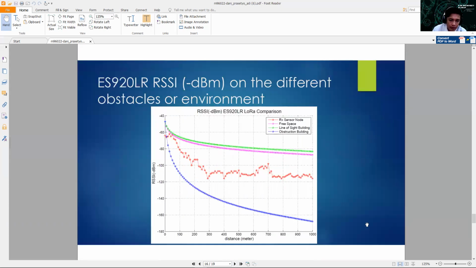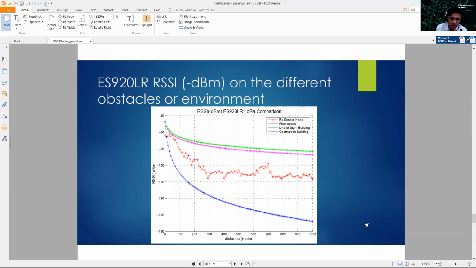And I'm trying to show the four data sets: air exchanger node, free space, line of sight, and obstruction. The obstruction building shows bad signals, around more than minus 160 dBm at 1 kilometer.